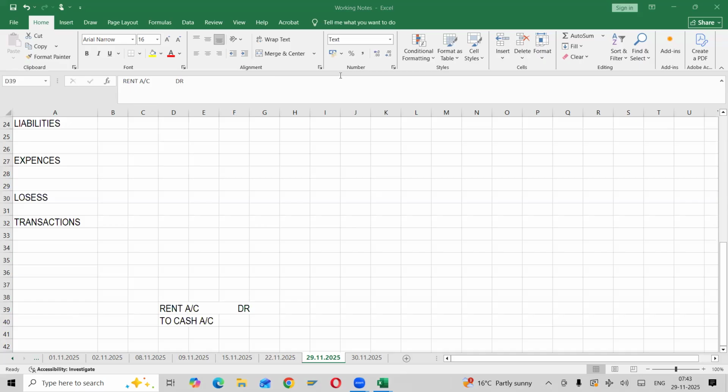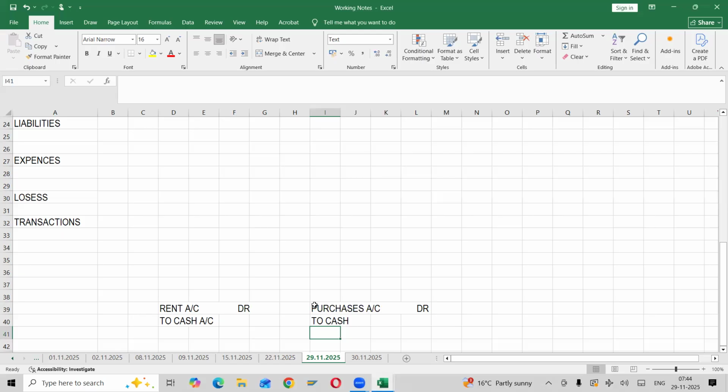Yes, Naveen. What is this actually? Rent account debited to cash. What does it mean? Or one more: purchases account debited to cash. What does it mean?